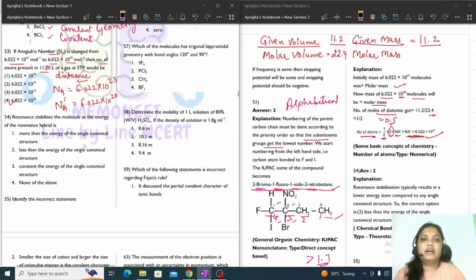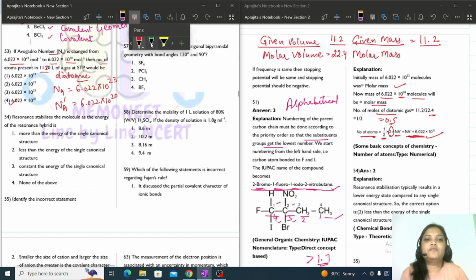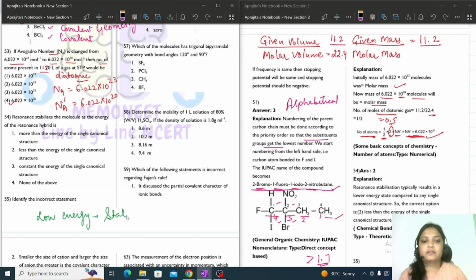Now let's have a look at question number 54. Resonance stabilizes the molecule as the energy of the resonance hybrid is. Now we know that low energy state corresponds to stability, and resonance stabilization means lower energy state.